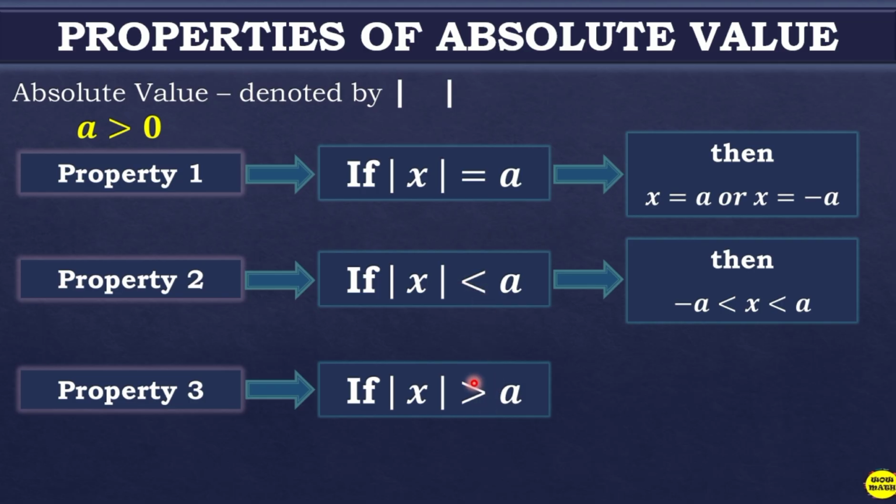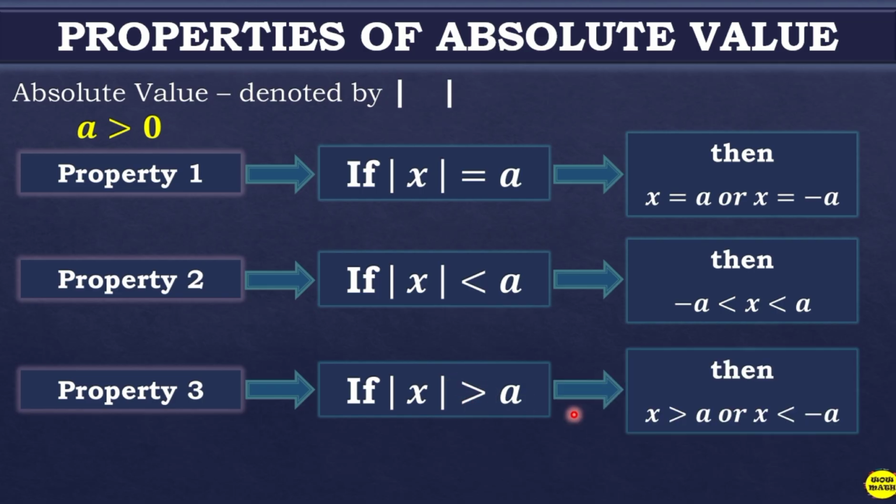So, if your inequality symbol is greater than or equal, then, ang way ng pag-solve natin dyan is x is greater than a or x is less than negative a. So, ano ba itong mga to? Ito yung ating susundan para ma-solve natin itong mga linear equations and inequalities involving absolute value.